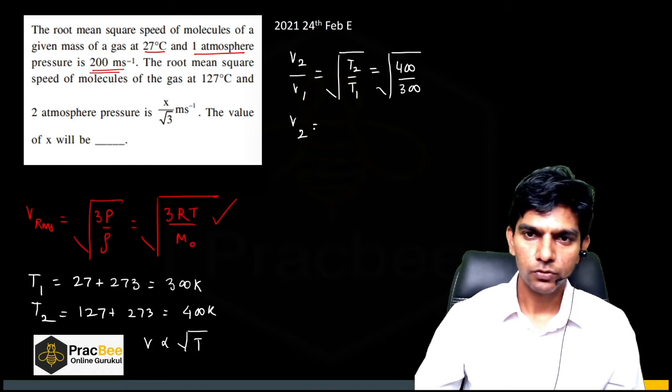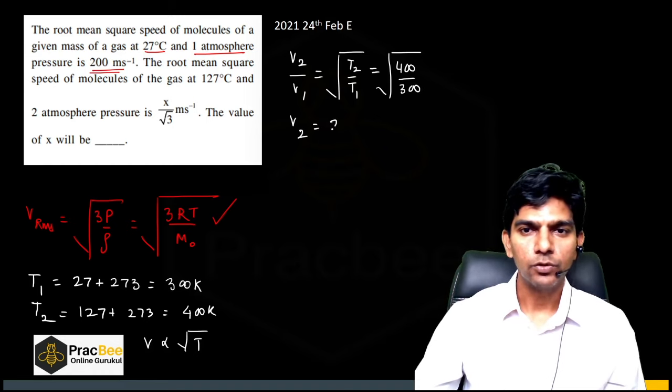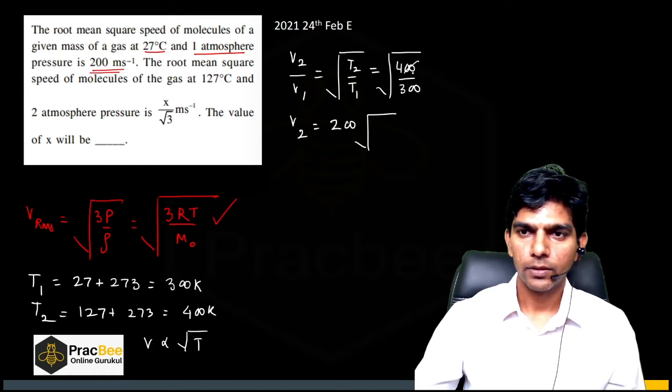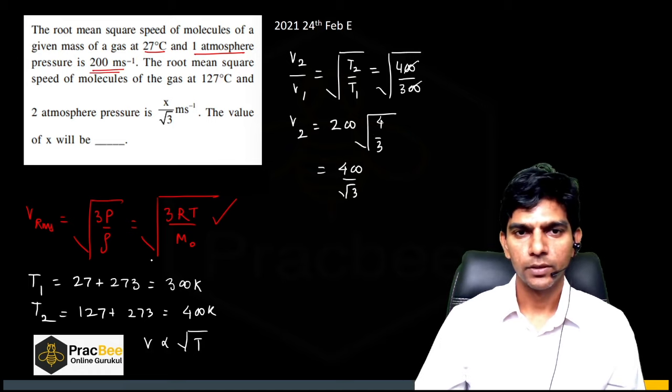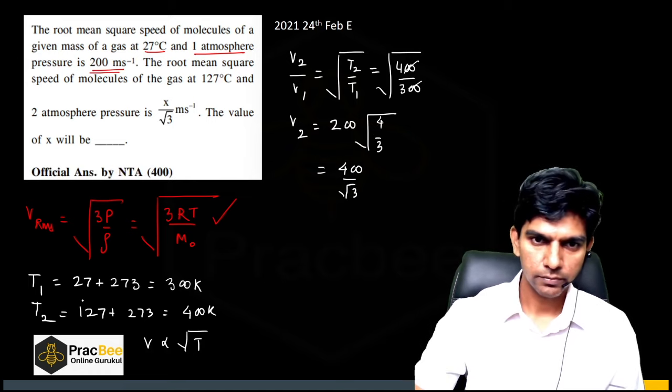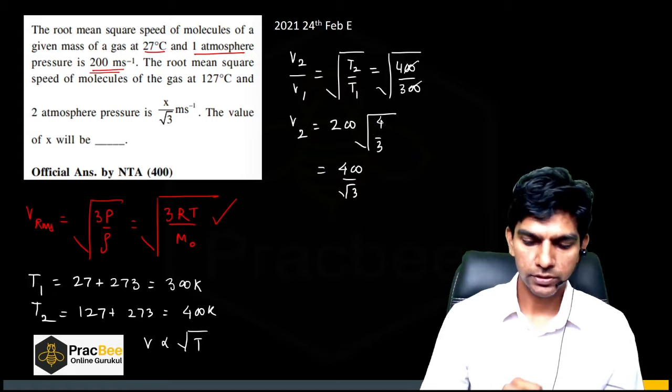So V2 comes out to be, V1 we have been given as 200, so 200 times root of 4 by 3, or we can say it will be 400 by root 3. So the answer will be 400, right? I hope this question is clear to you.